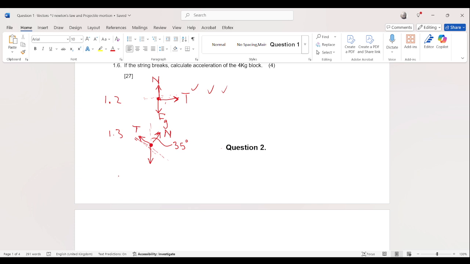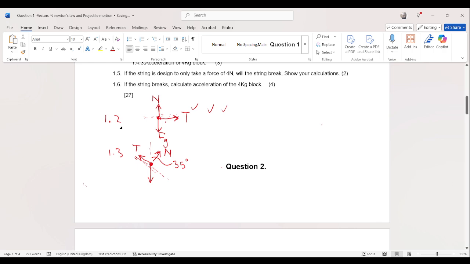Newton's law goes hand in hand with the free body diagram. So in order for us to solve the free body diagrams, we have to solve in two dimensions: the x direction and also the y direction.